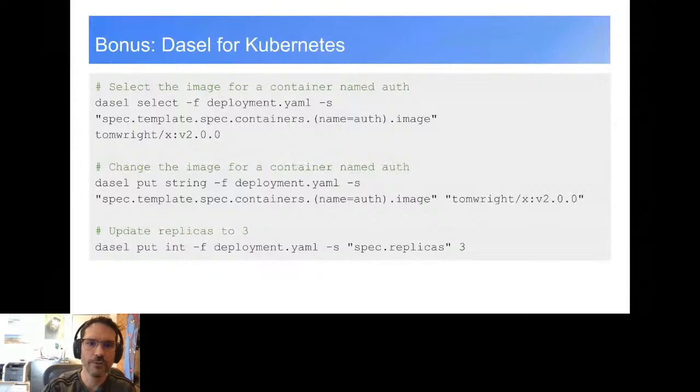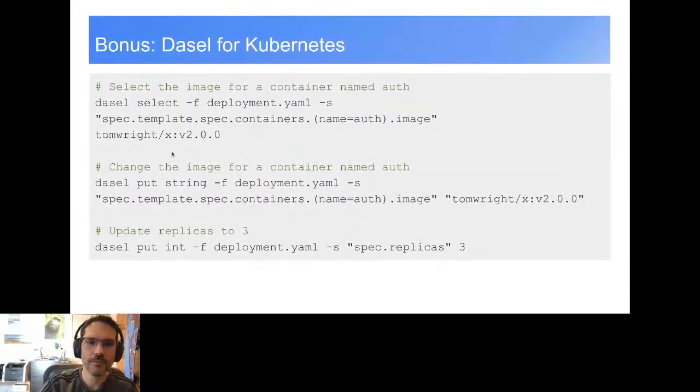So here are a few commands for Dasel, for example. Dasel select from your deployment file, and what you want is spec templates, spec containers, but you want the image name of the container named auth inside this deployment spec.